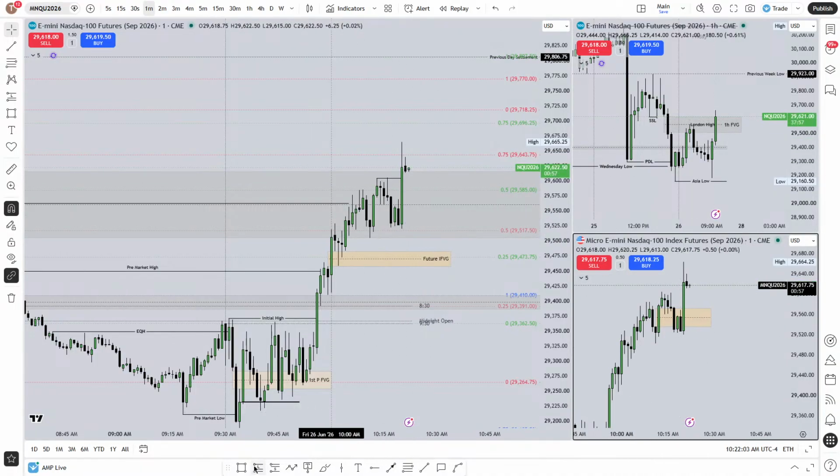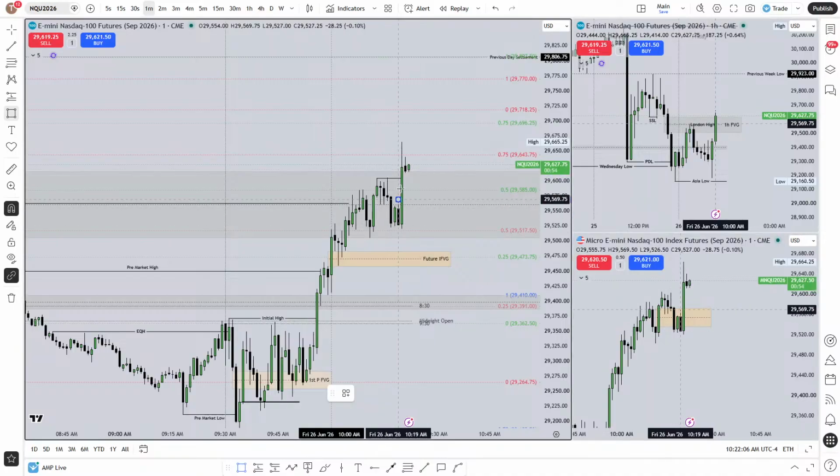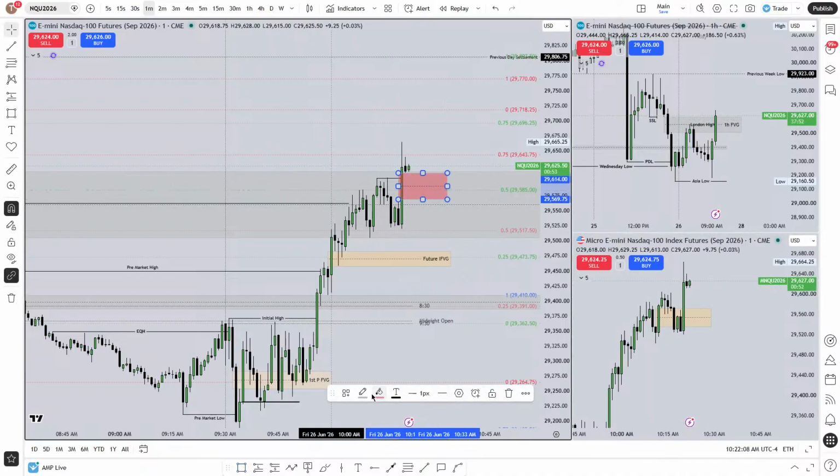All right, so this will be important here in how we use this. I'll make it orange because I want to see it be inversion.